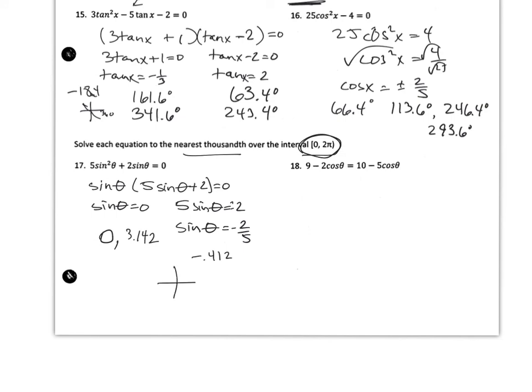So we're going to put this in all the quadrants that we need. So we are going to be in these two quadrants. So that would be pi minus 0.412. So that is 2.730. And then, of course, 2 pi minus 0.412, which is 5.871.